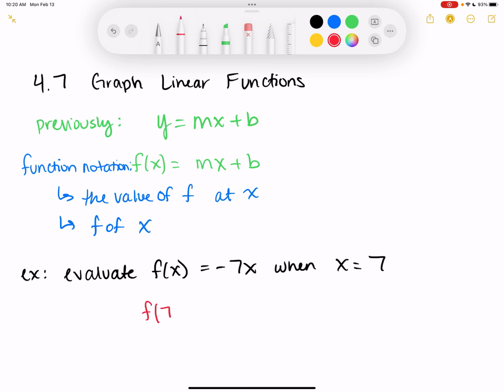So f of 7, or the value of f at 7, is equal to negative 7, and then anywhere you see an x in the equation, we put 7. The f of whatever, we don't do anything. That's not being multiplied. That's purely its name, so we leave it alone.